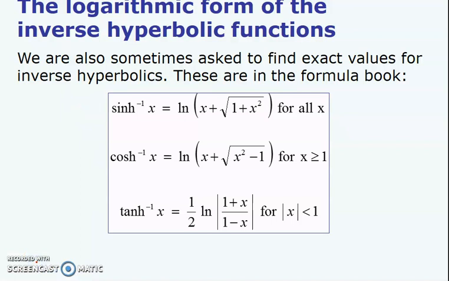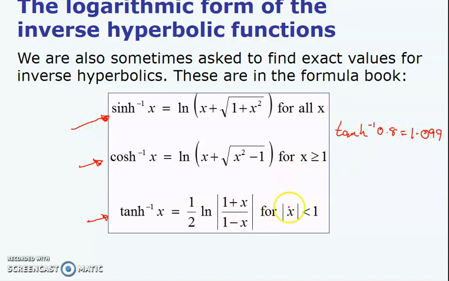This is the reason why I wanted to look at it, because there's actually formulas which have logarithms in them. So the inverse sinh has a log formula, the inverse cosh has a log formula, and the inverse tanh has this formula. Now, of course, we were just doing the inverse tanh of 0.8, and we found it was 1.099.